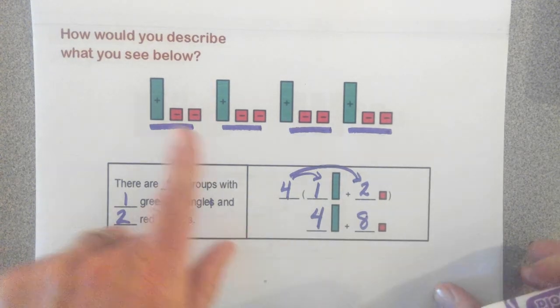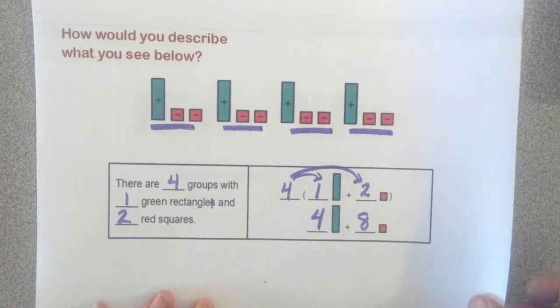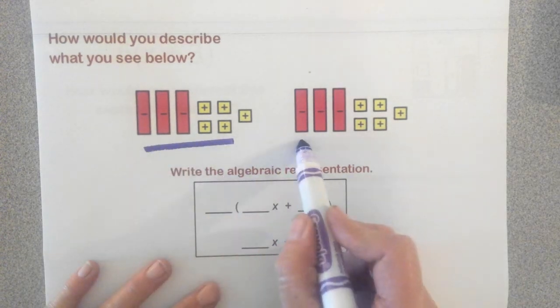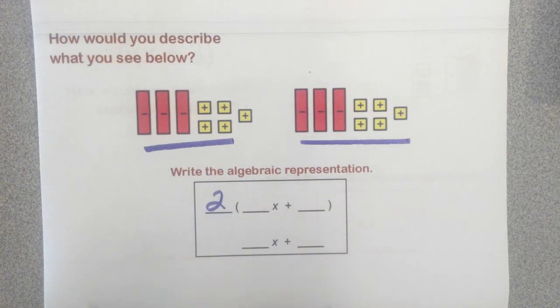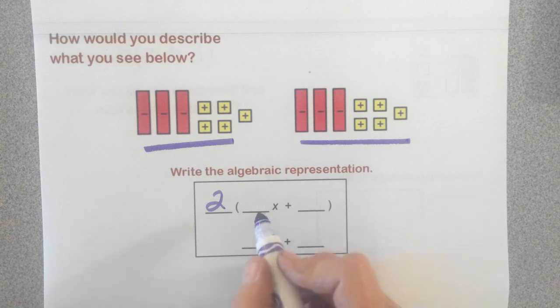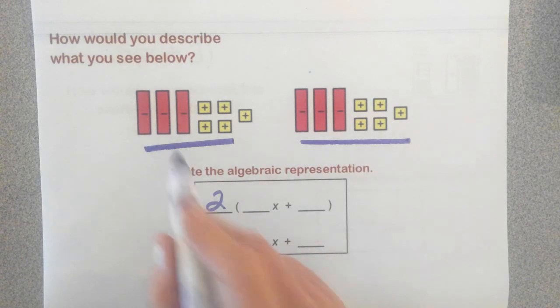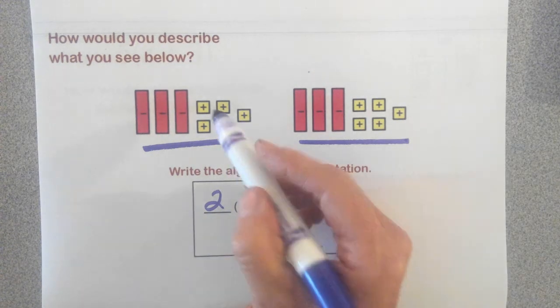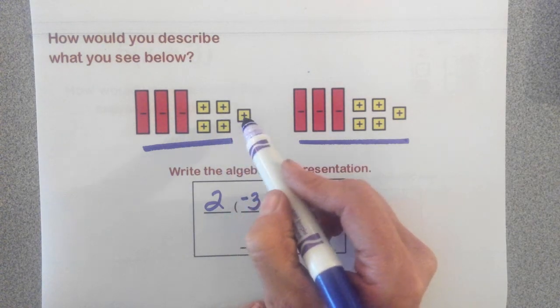Interesting. These look like the X tiles and the unit tiles. Remember the cows and the pigs? Well, that's exactly what they are. So how would we describe what we see here? All right, let's count the groups. Got 2 groups, and there's the same amount in each group. So in my X group, with the 3 negative X's, I'll put a negative 3 by the X. And then my little tiles, 1, 2, 3, 4, 5.